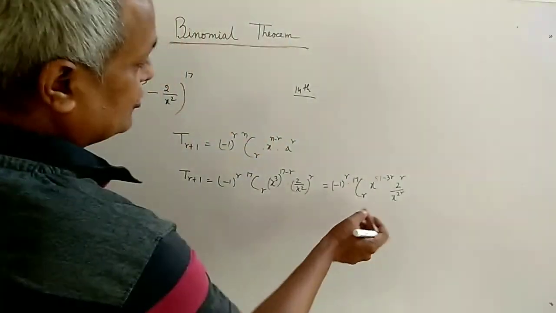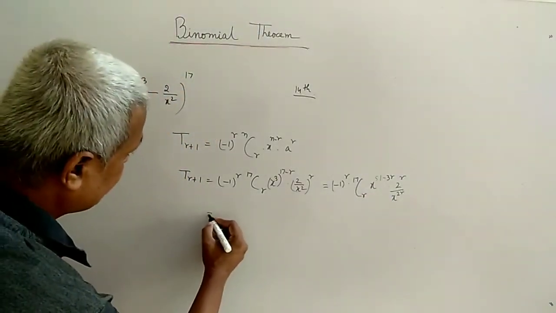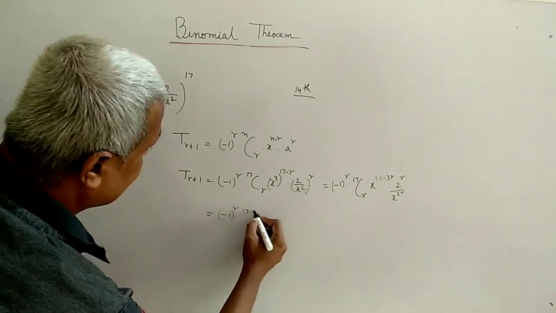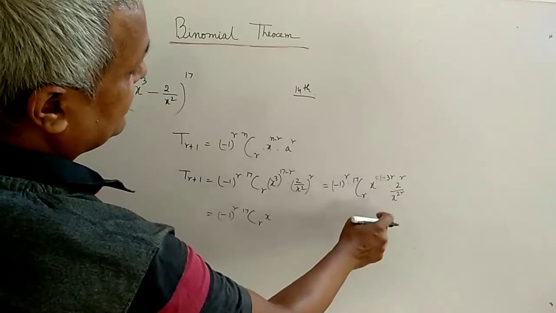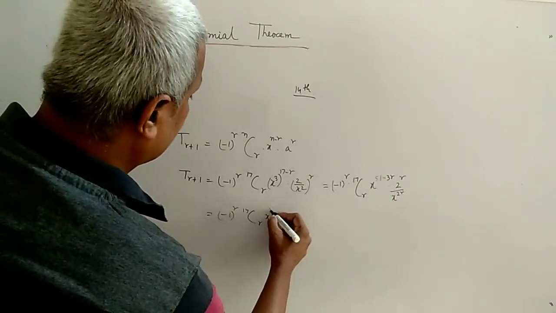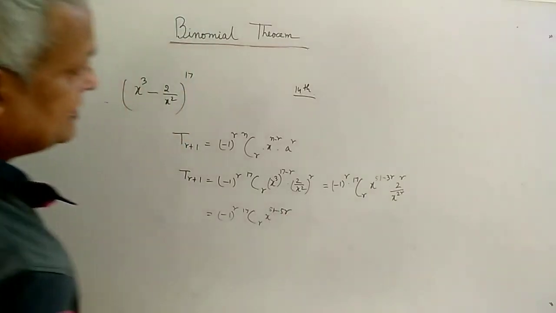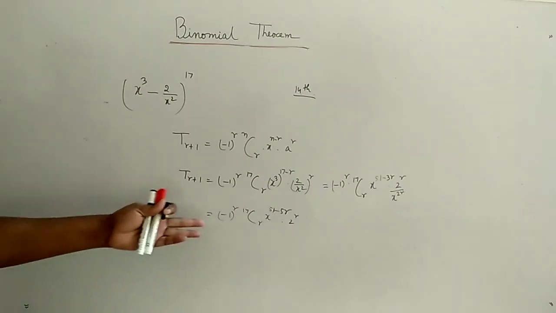So if I consolidate like this, bringing the x terms together, it will look like (-1)^r, 17Cr, x to the power 51 minus 3r minus 2r, which will become 51 minus 5r, into 2 to the power r. This is our general term.